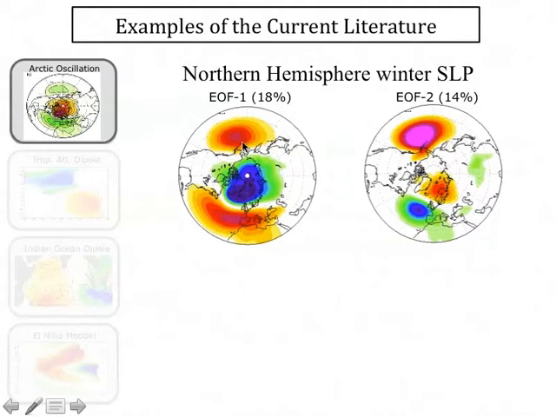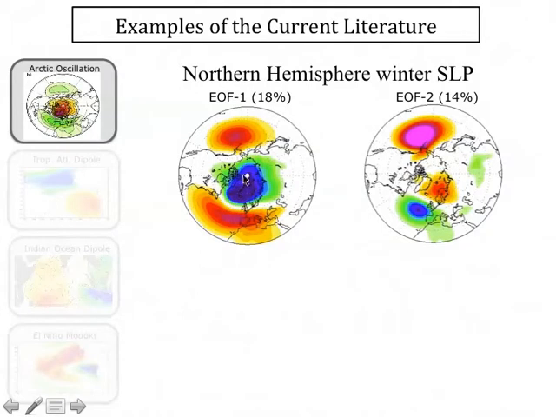Of the 1,500 people that have cited it, at least 1,000 of them think that if there's high pressure in the Pacific, there will be high pressure in the Atlantic. So there's somewhat a connection between the Pacific sector and the Atlantic sector that goes over the Arctic variability pole.